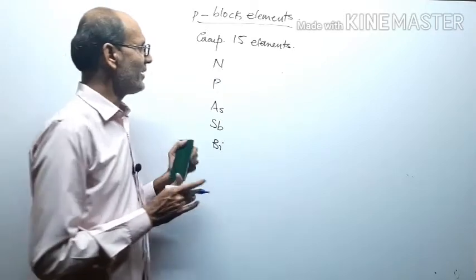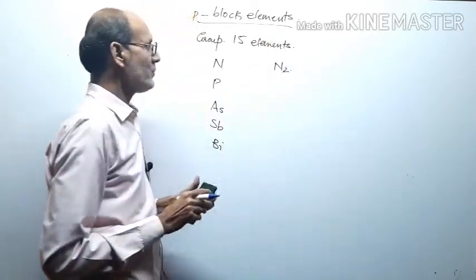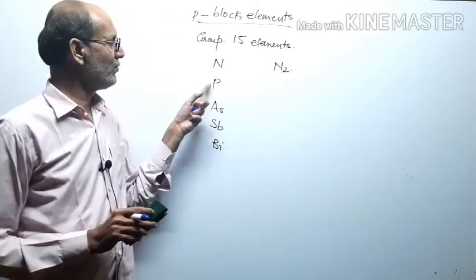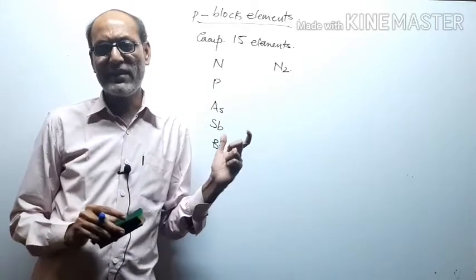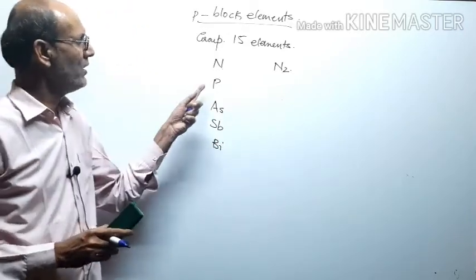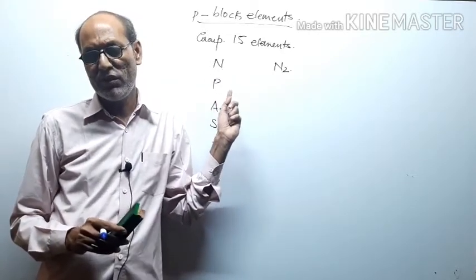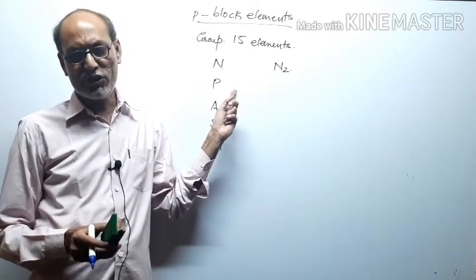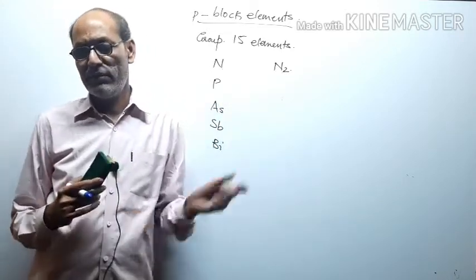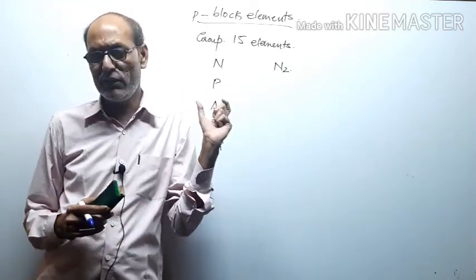Nitrogen is a diatomic gas and it is inert in nature, while phosphorus is most reactive. That's why it does not occur free in nature. It occurs in the combined state like calcium phosphate or chlorapatite, and it is the most important and essential element of animals and human beings.